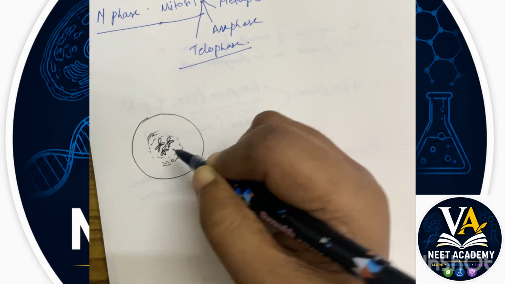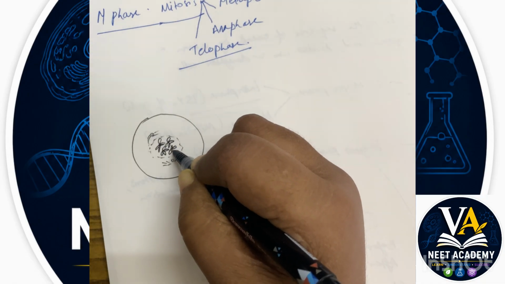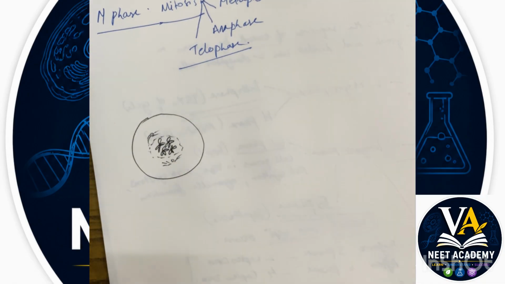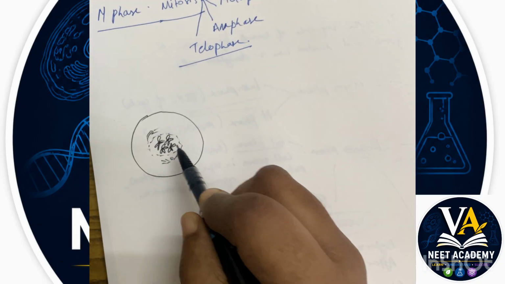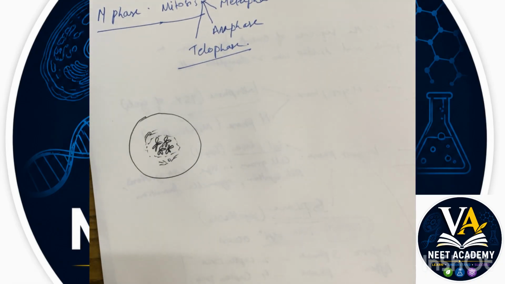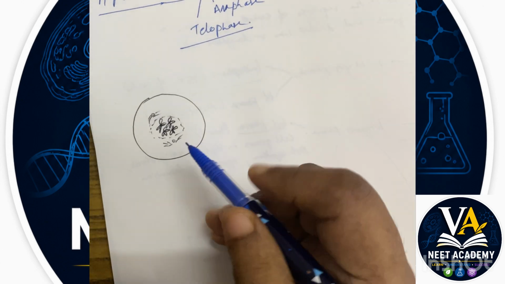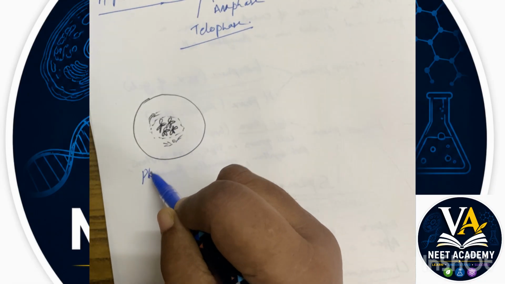I am drawing the sister chromatids here because the synthetic phase has already happened in the interphase. The chromosome has already doubled, so it has got the sister chromatids. Clear? This happens in your prophase.